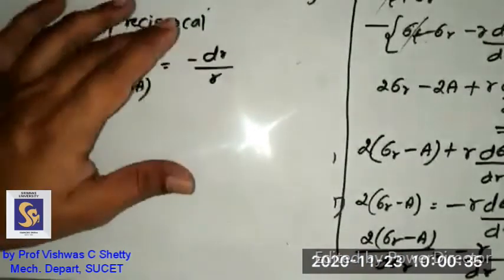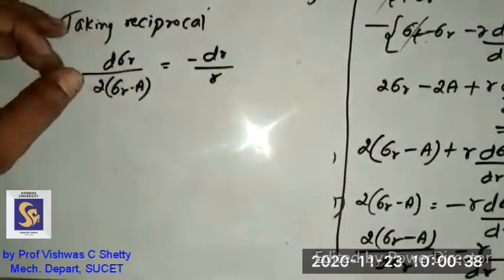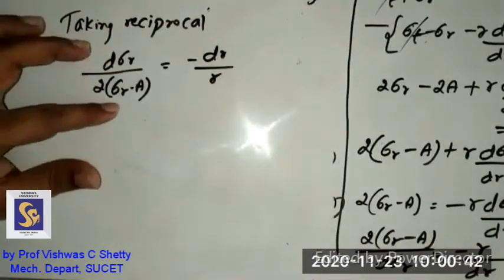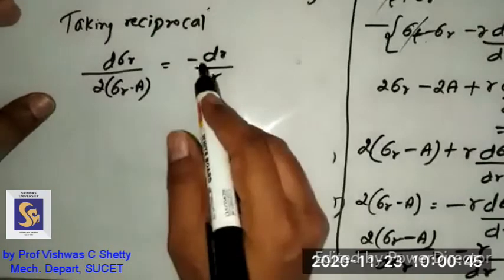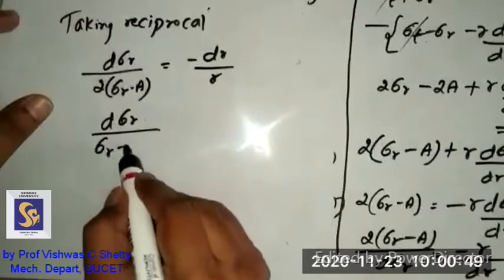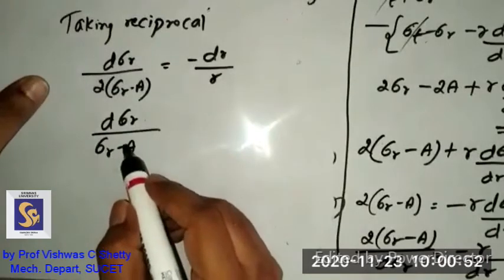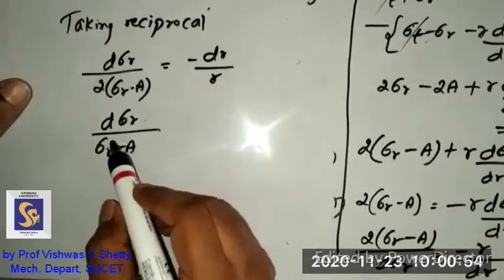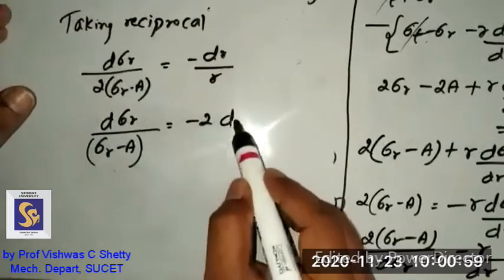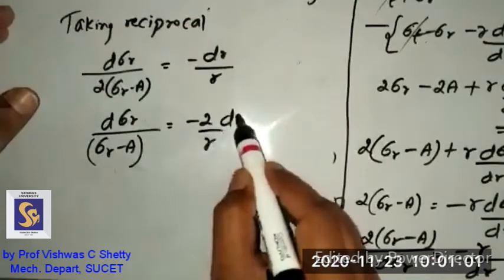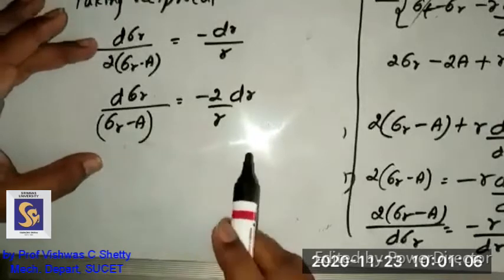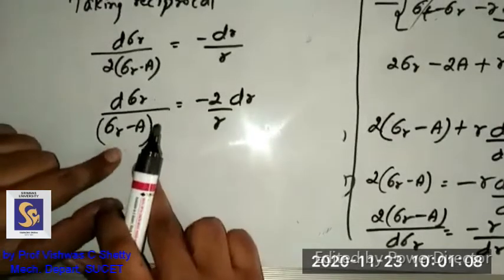The reason for doing this is that we have to integrate the terms, so that's why we are taking the reciprocal. Take the 2 to the right hand side, minus 2 by r dr. Okay, so this is the equation. Have you noted down up till here?